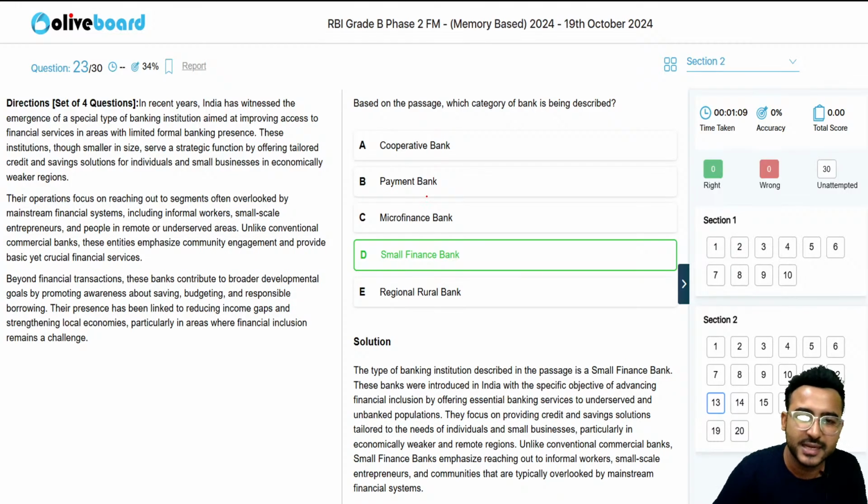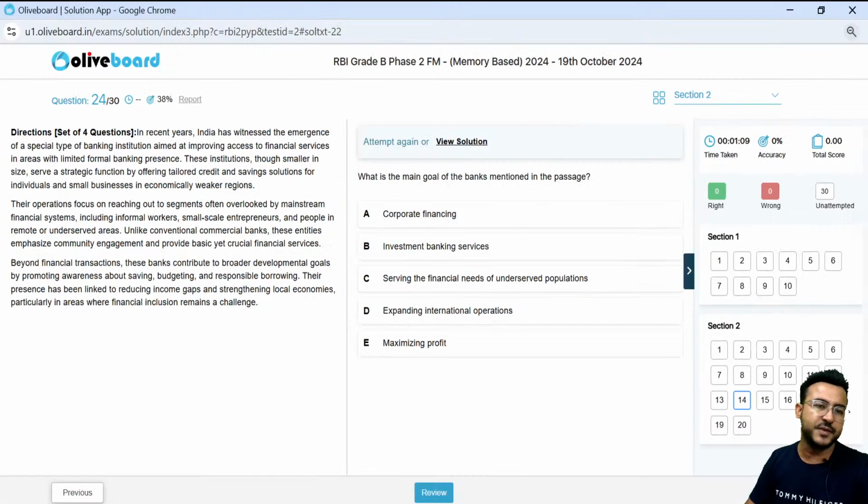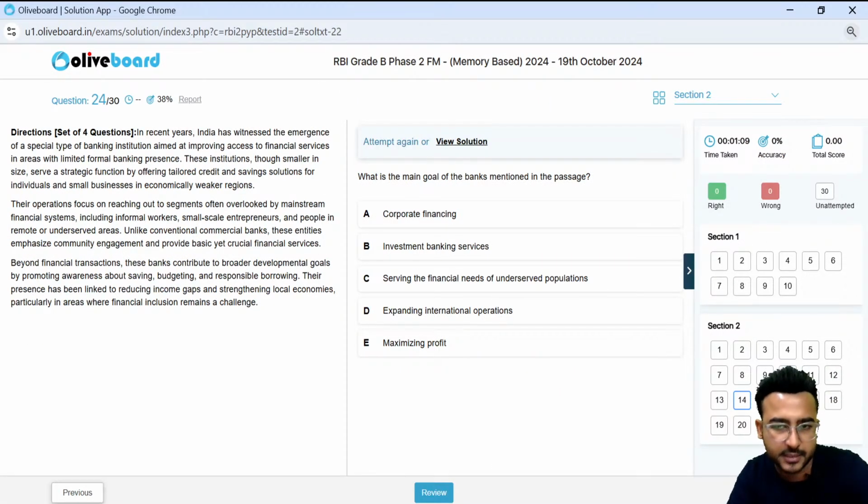It cannot be a payment bank. Why not? Because of offering tailored credit. Now a payment bank cannot give tailored credit service or even credit service, right? So a payment bank is not possible at all. Regional rural bank and cooperative bank are completely different things. These are the features of small finance banks, guys, okay?